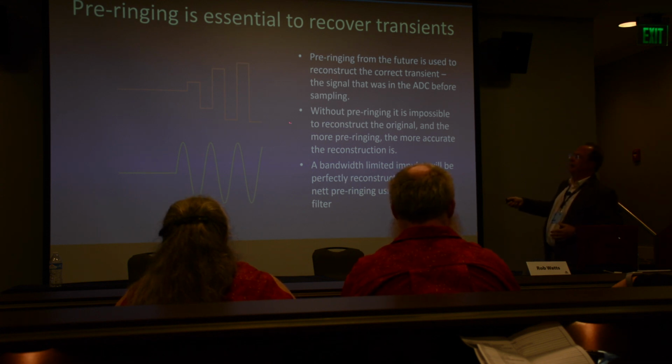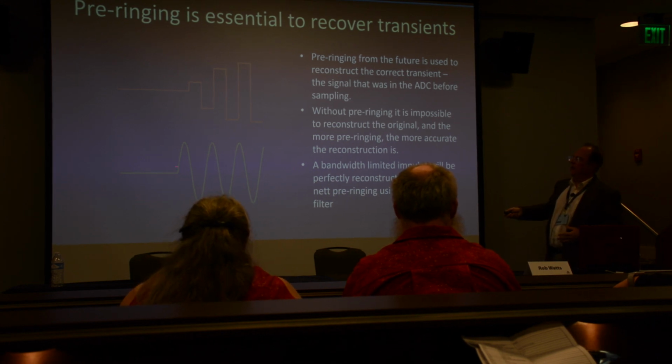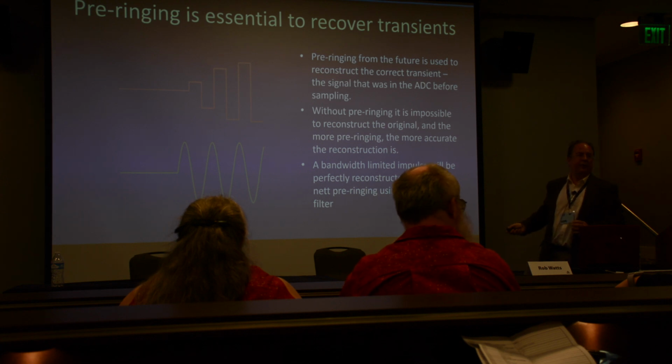So when you add the pre-ringing together, you end up with that lump here. But there's no pre-ringing further on because it's a bandwidth limited signal. So it's essential to have pre-ringing to reconstruct the transients properly.